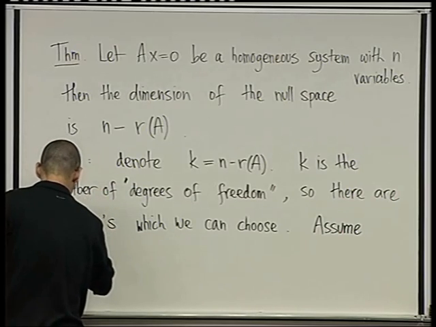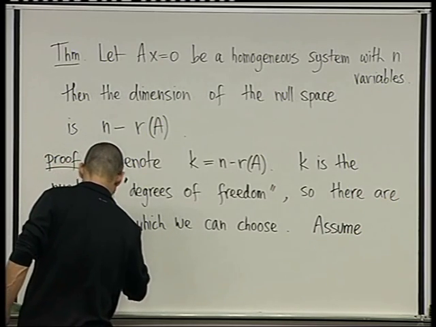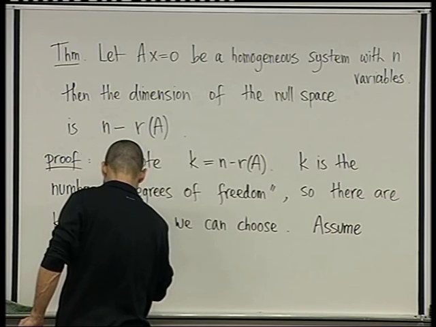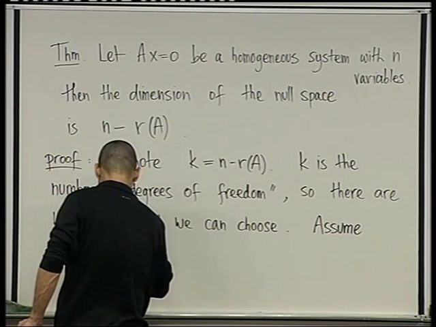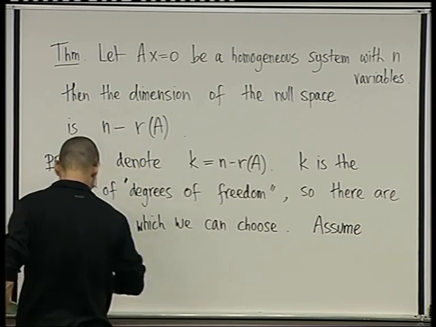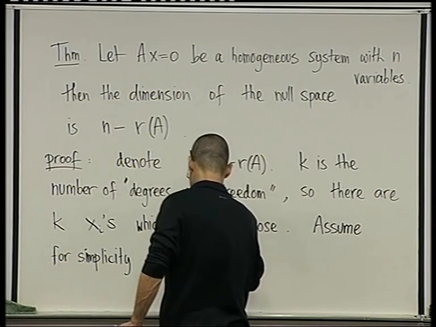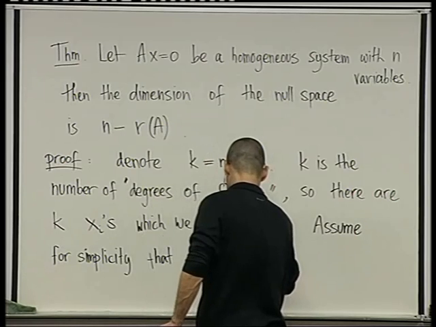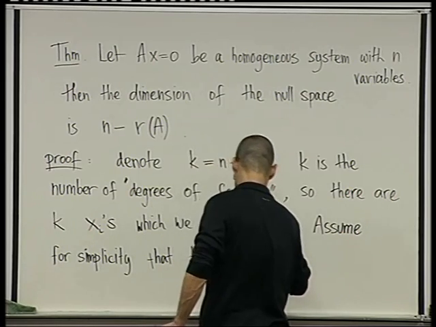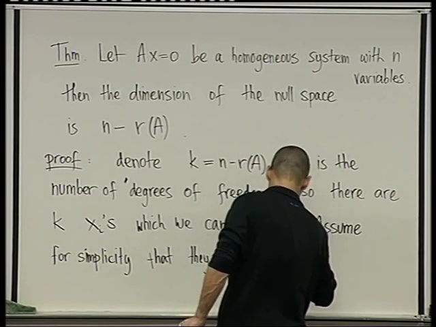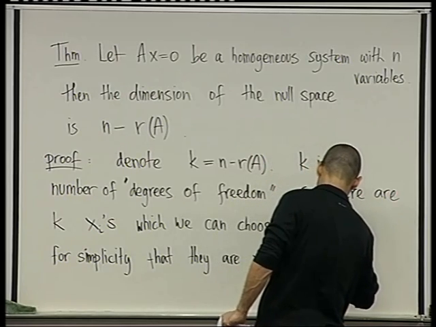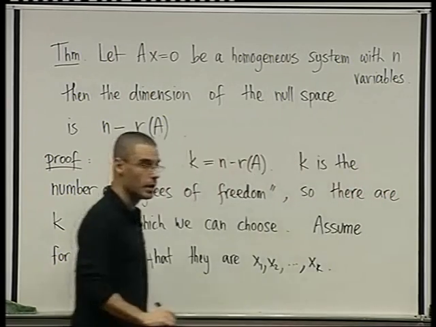Assume for simplicity that they are x1, x2 through xk. Okay?